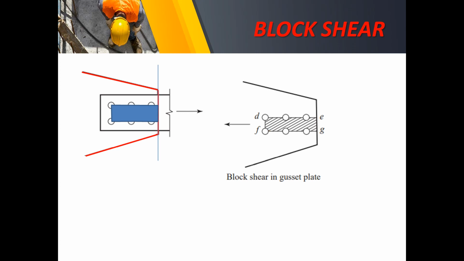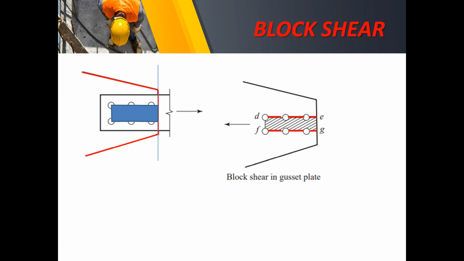Our concern here is this length plus this length, which is the net length wherein we have deducted the space occupied by the bolt, as well as the upper portion.